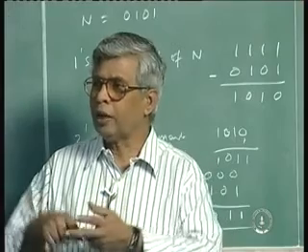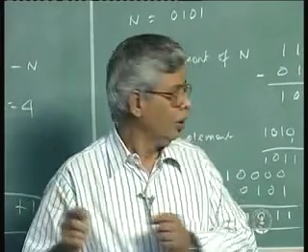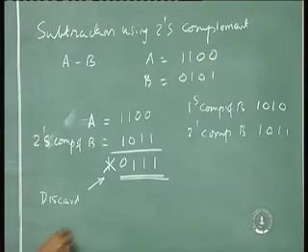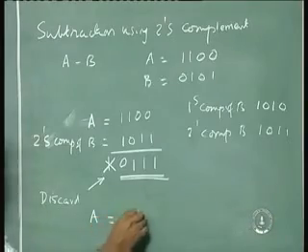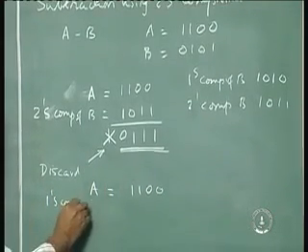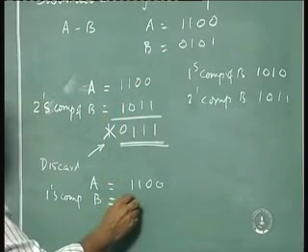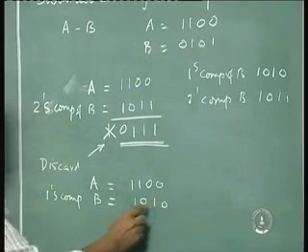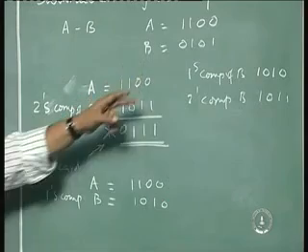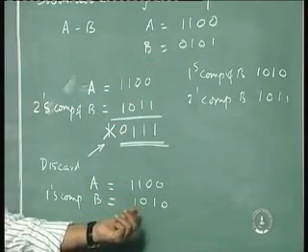I can also do it the 1's complement way, but then I will get one less number and I add 1 to it finally. Suppose I do 1's complement addition. A is 1100, B is 0101, and the 1's complement of B is 1010. Is that right?